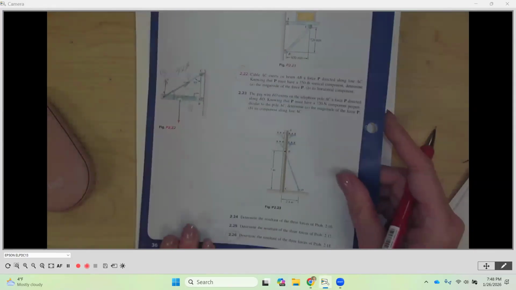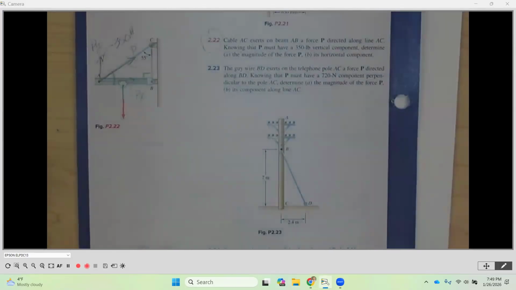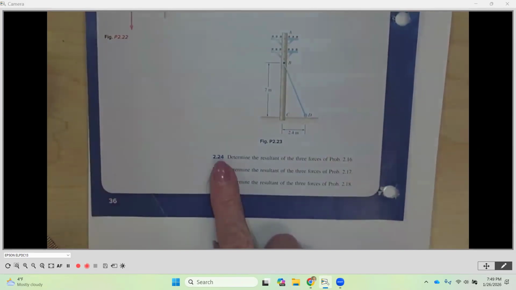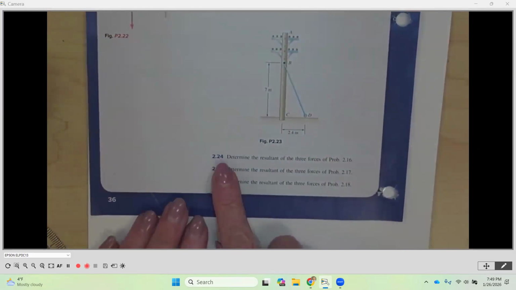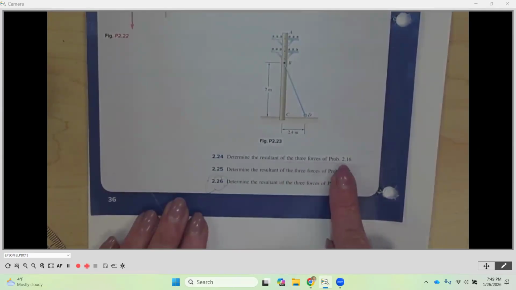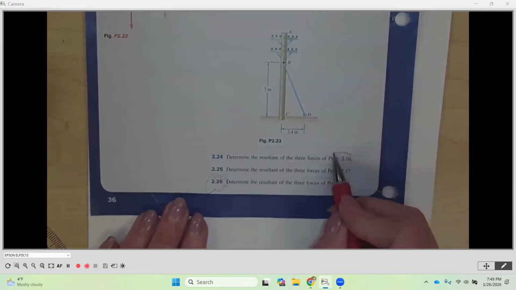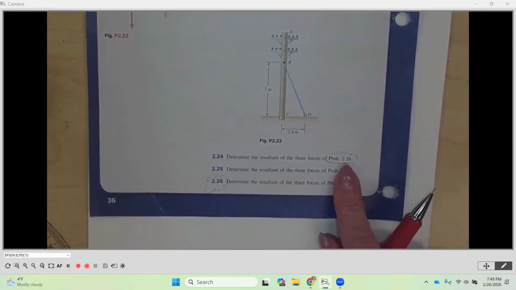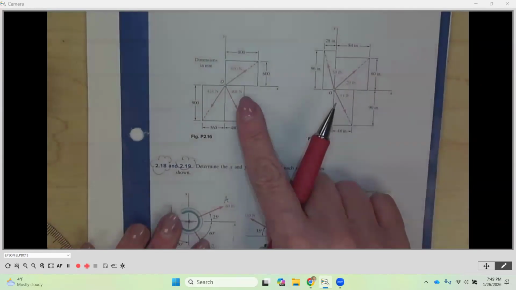For your practice problems, you are required to do problem number 224, which is on page 36. It says determine the resultant of the three forces in problem 216. We haven't done this yet, and we're not going to do it this evening, but the first part of these problems is to break the forces into their X and Y components.